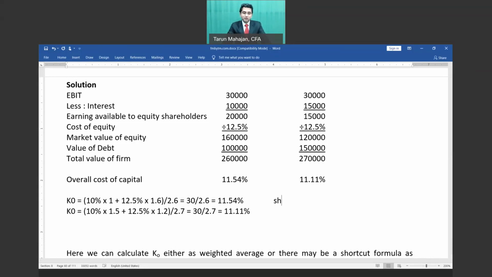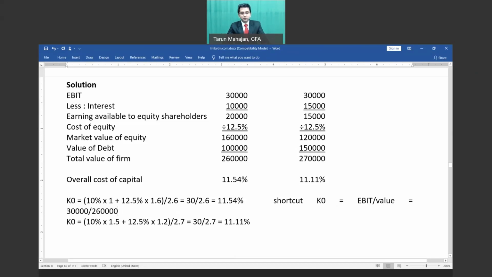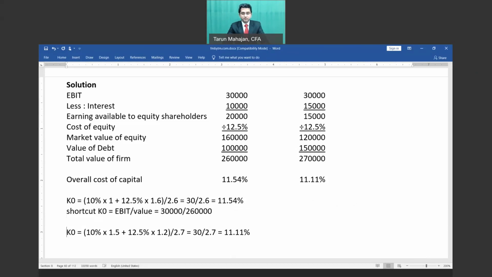And you know, the shortcut is overall cost of capital is EBIT divided by value. So your EBIT is 30,000 divided by value is 2,60,000. 30,000 divided by 2,60,000 is 0.1154.